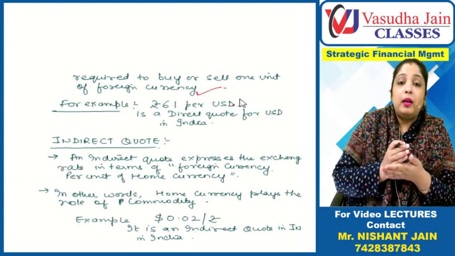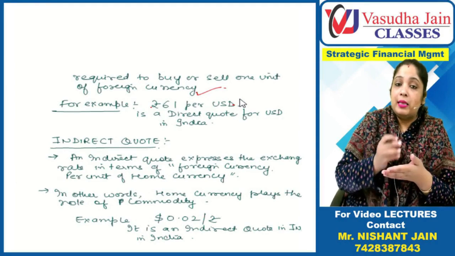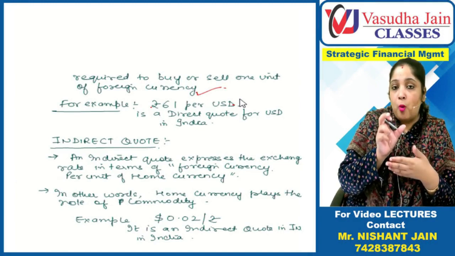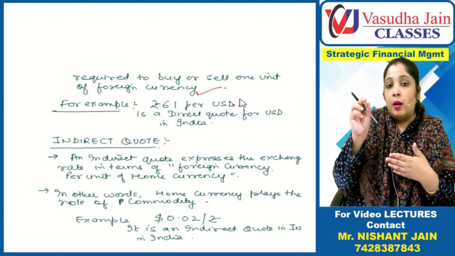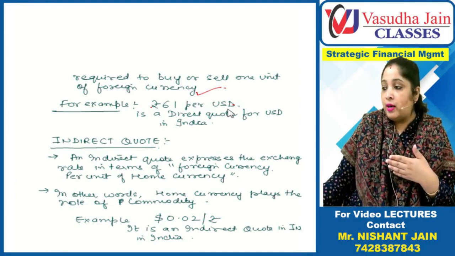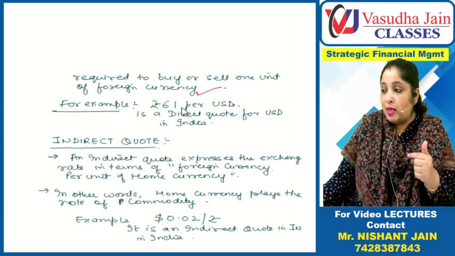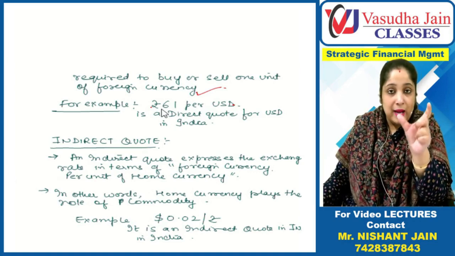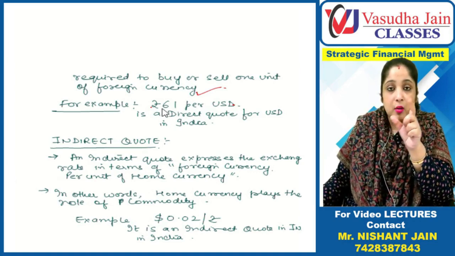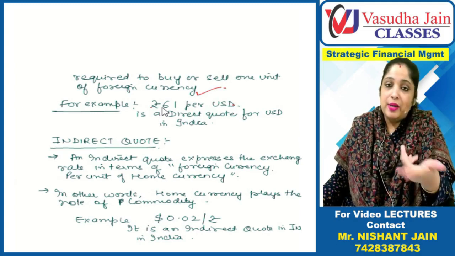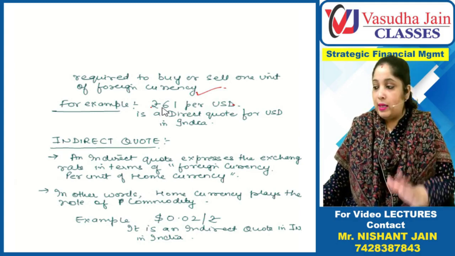But you have to write it down, you have to learn also, because when this line will come, if a quotation in which number of home currencies required to buy 1 unit of foreign currency, is it a direct quote or indirect quote? You have to say direct quote, because these many home currencies means that it is not 1 unit, many units. So it is a price. So for that country, it is a direct quote. I hope I am making sense to you.